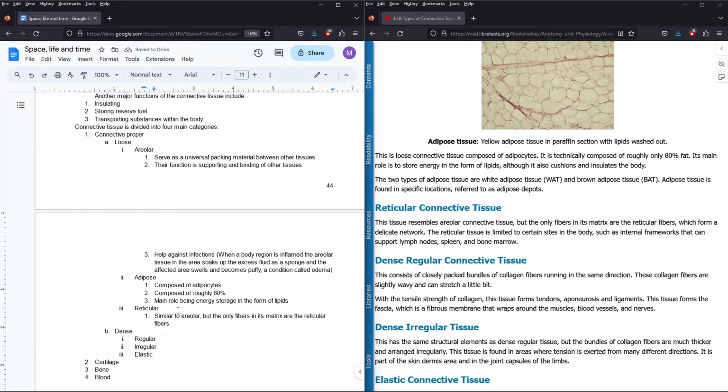The network is limited to certain sites in the body, such as internal frameworks of lymph nodes, spleen, and bone marrow.